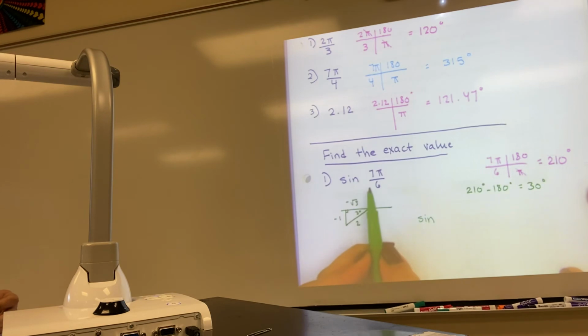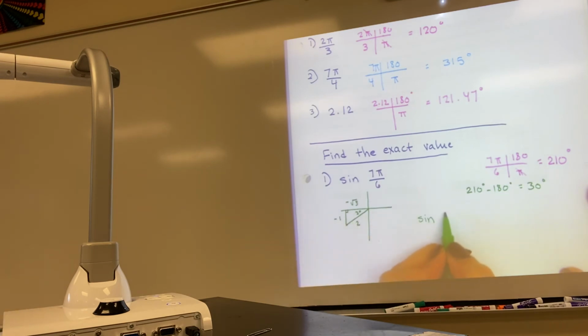I need to find sine of 7 pi over 6, which is the same as sine of this angle. Sine is the opposite over the hypotenuse, and that will be -1/2.